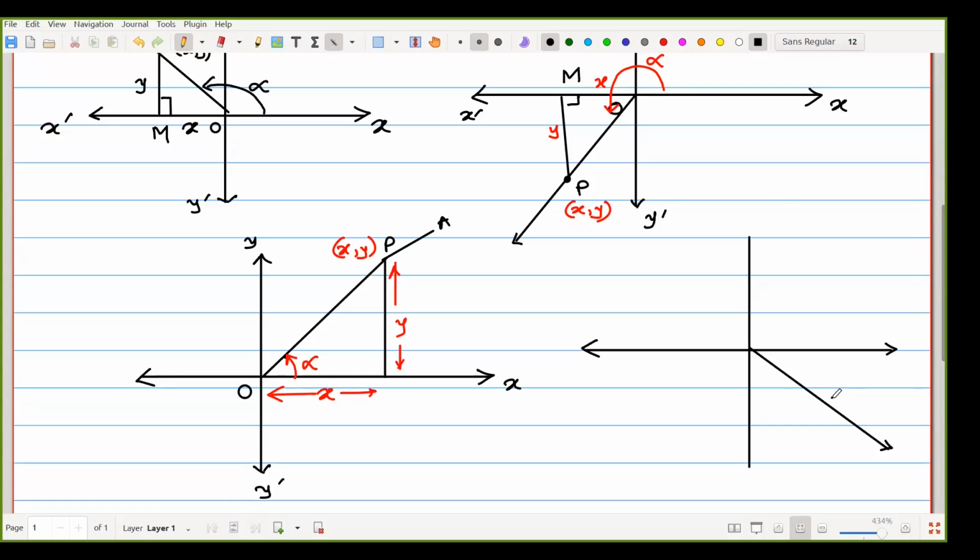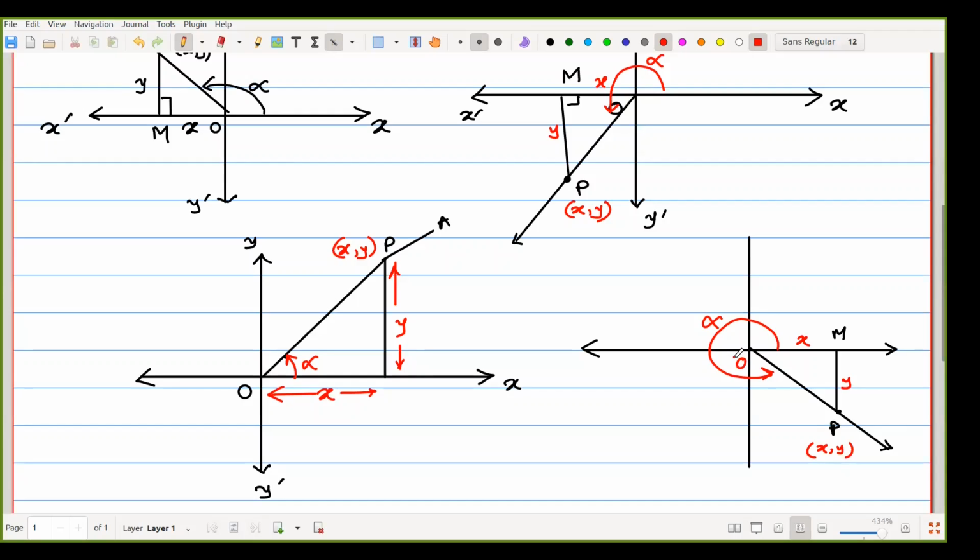So if that is our P, that is our M. So the angle of reference may be like that, alpha. So if it has the coordinate x, y, then that is our x, that is our y.